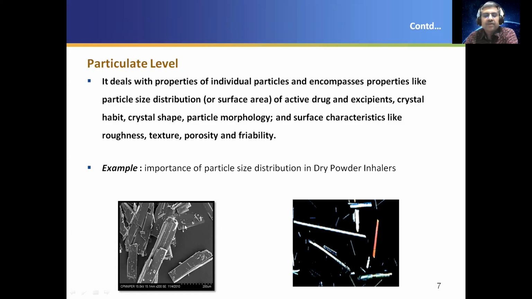Here are two pictures of a polymorphic form of salicylic acid which exists in two different crystal shapes. The first one are the plate-shaped crystals and the second one are the needle-shaped crystals. Both these crystals are of polymorphic form 3, but they are different at the particle level. Again, we will be learning more about the particle level in our subsequent classes.